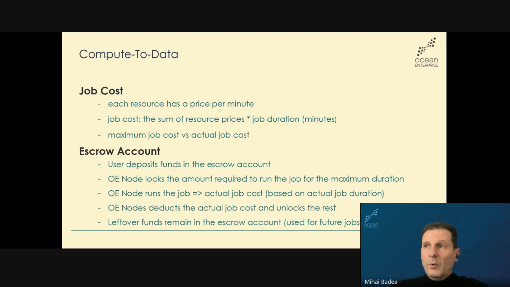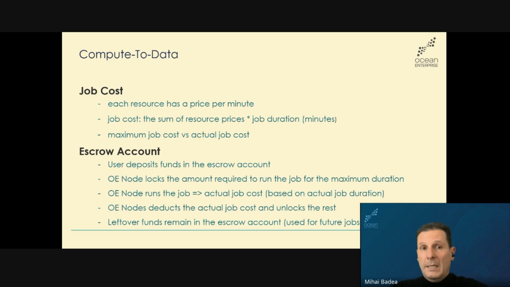And the actual job cost is related to the actual job duration of that computer data job. So, for instance, if a consumer wants to start a job and selects a maximum job duration of 10 minutes, and the total cost of the C2D resources is €3, then the maximum job cost is €30.